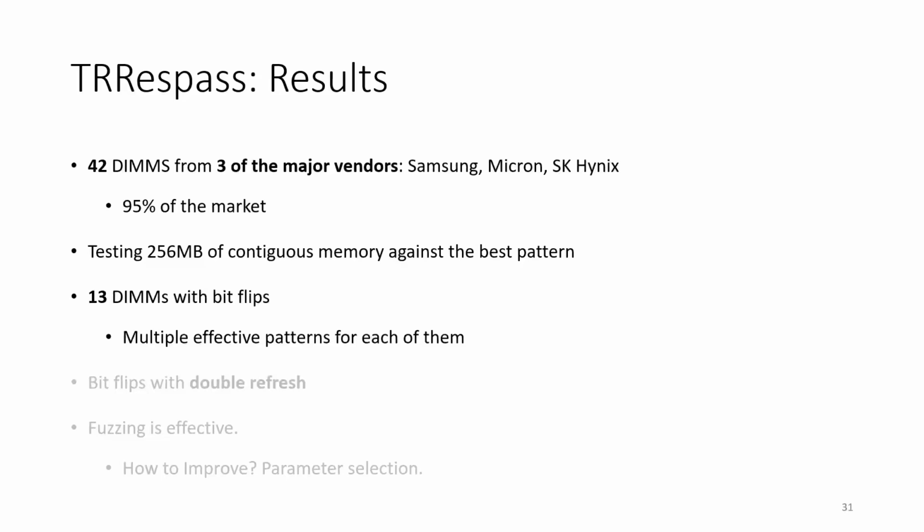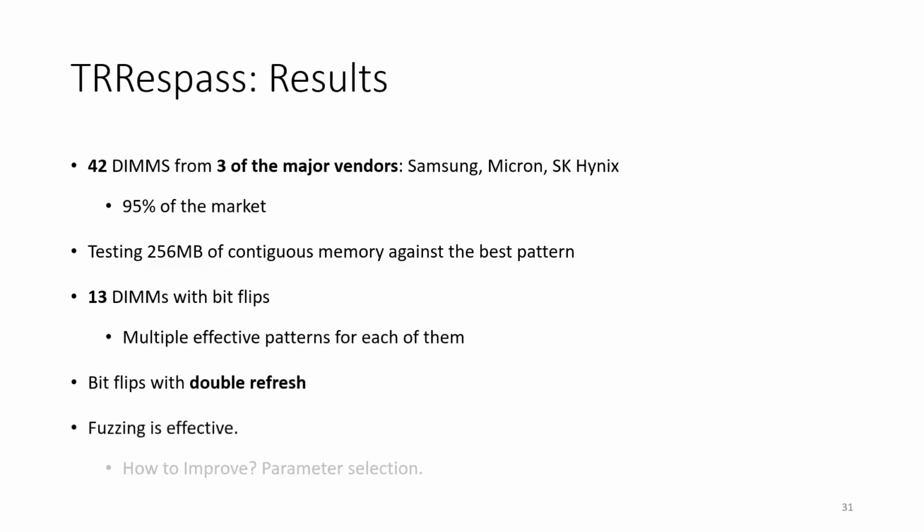Moreover, as our machine allowed us to set the refresh interval from the BIOS, we experimented with a double refresh interval configuration, and we could still trigger bit flips. We confirmed that double refresh frequency is not a completely valid mitigation against Rowhammer, even combined with target refresh. What we can confirm is that fuzzing is an effective technique for memory testing.